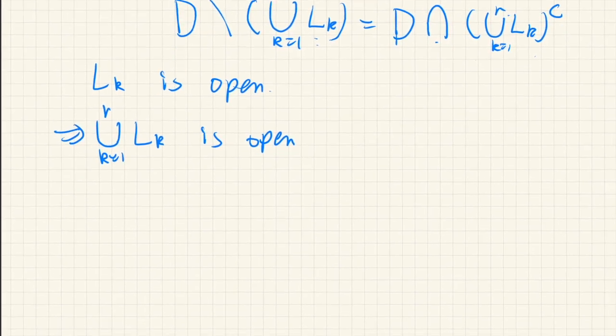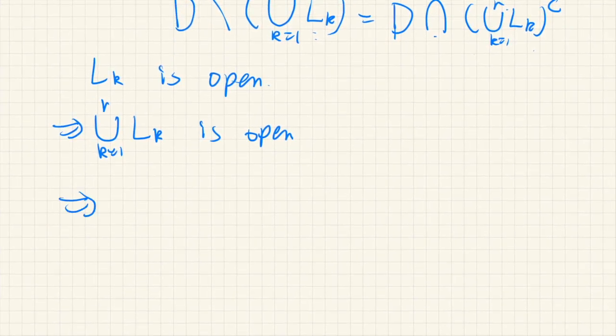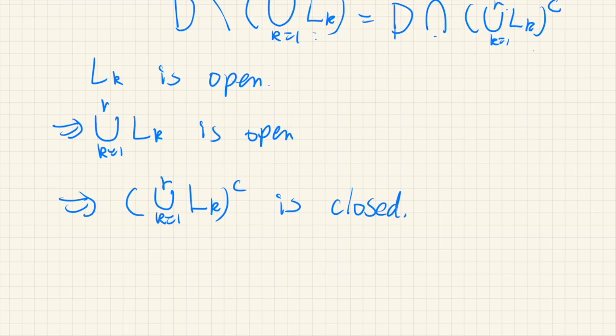Then its complement is closed. Remember the definition of closed sets? A set is closed if its complement is open. So the complement of this is of course this, which is open. Therefore, this one is closed.